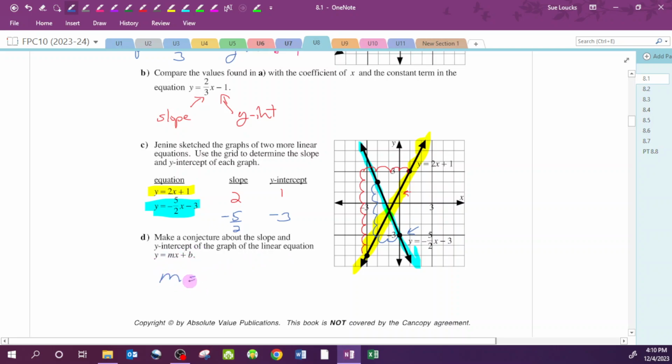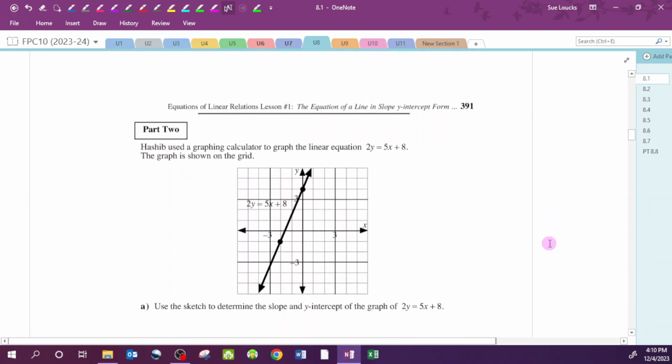So m is the slope and b is the y-intercept. Memorize this. The sooner you get this firmly engraved in your brain, the easier life will be in this class. Okay, because that's like the big reveal, the big thing for this unit.